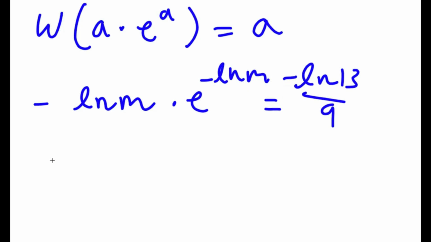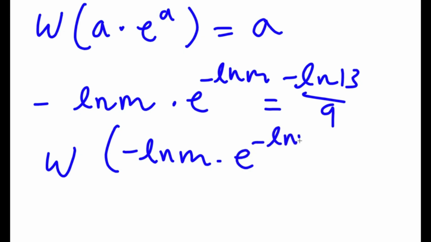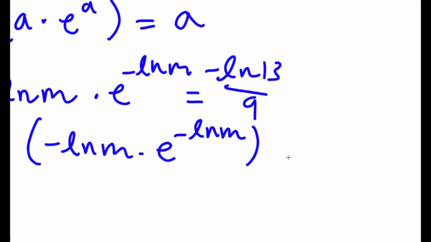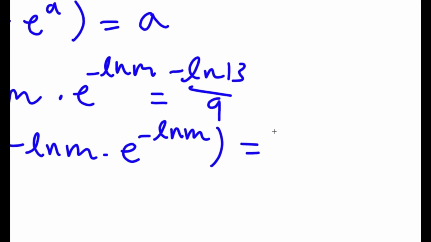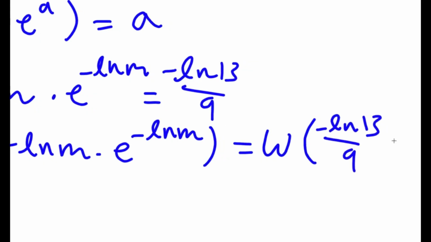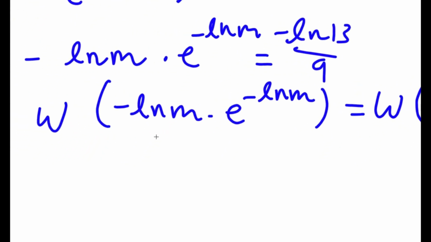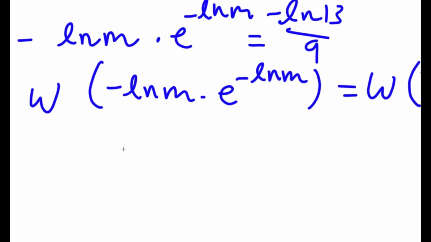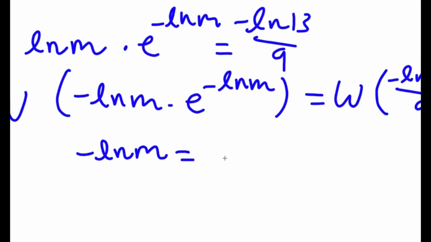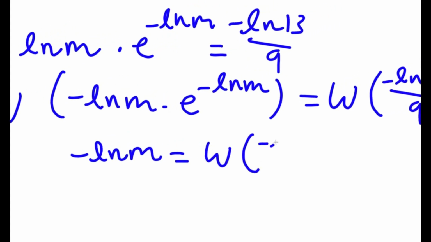So now if I take the Lambert W function, I get W of negative ln m times e to the power of negative ln m. And then what I have to do on one side, I have to do on the other. So this is equal to W of negative ln 13 over 9. Now this is equal to negative ln m, which is equal to W of negative ln 13 over 9.